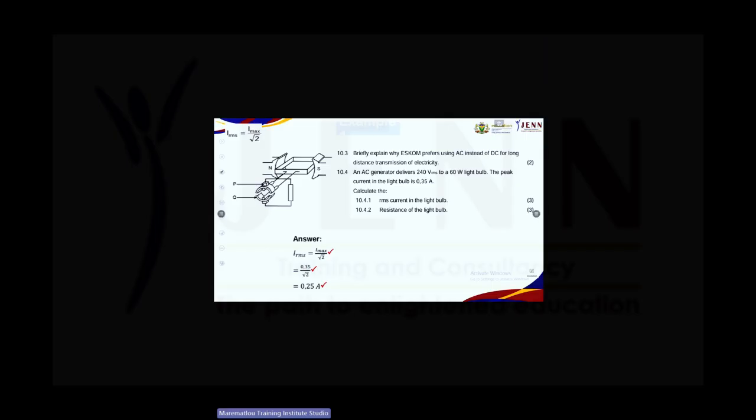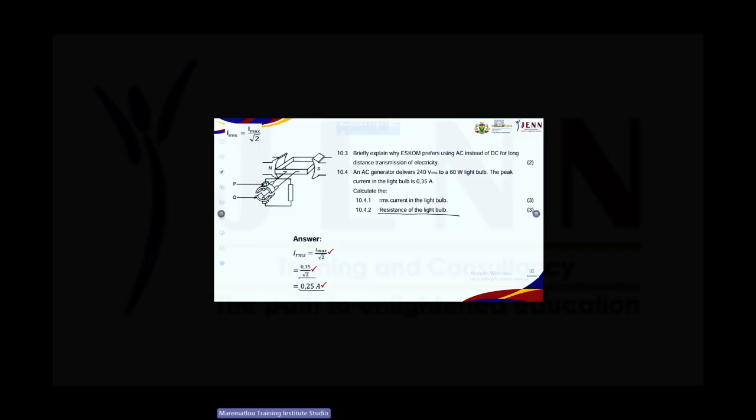You have IRMS equals I max over the square root of 2, and then you have 0.35 divided by the square root of 2, which means that your IRMS is going to be 0.25. And then in your next question, you will see that they ask, calculate the resistance of the light bulb.